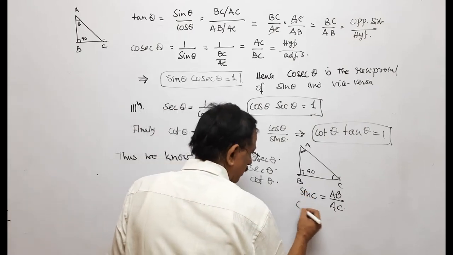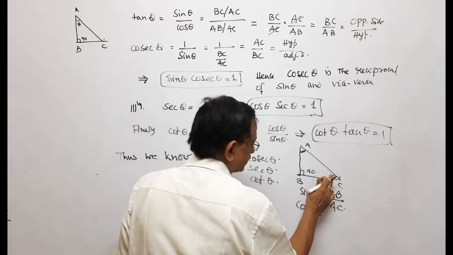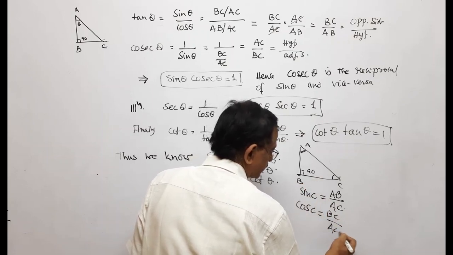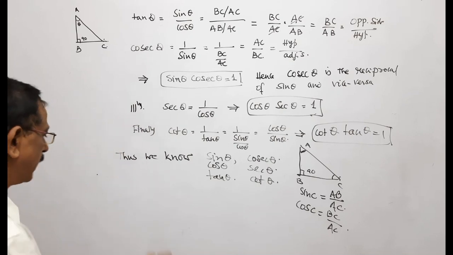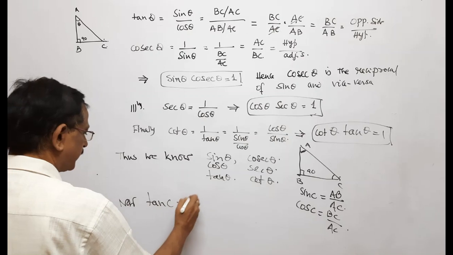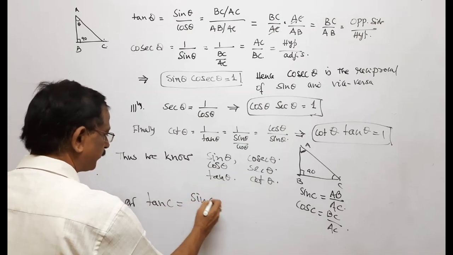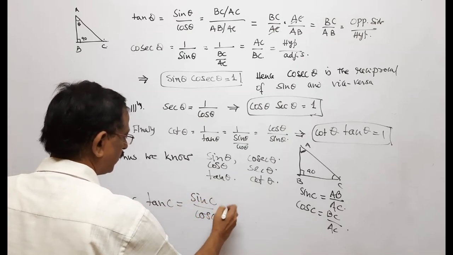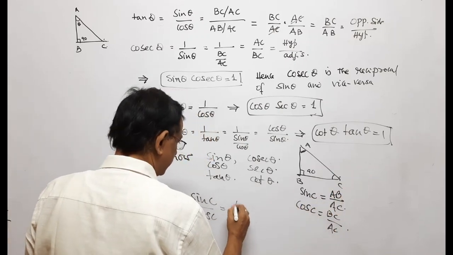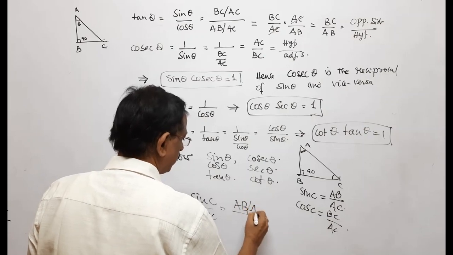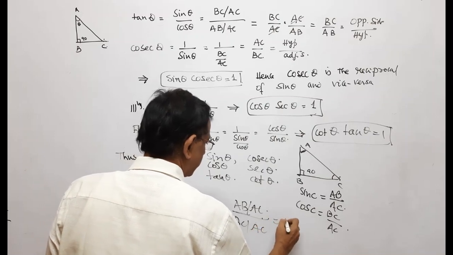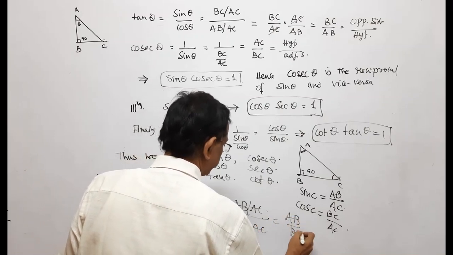And what about cos C? Cos C is adjacent side by hypotenuse. Now you can write down tan C. Tan C is equal to sin C by cos C. What is sin C? Sin C is AB by AC. Cos C is BC by AC. So we'll get AB by BC.